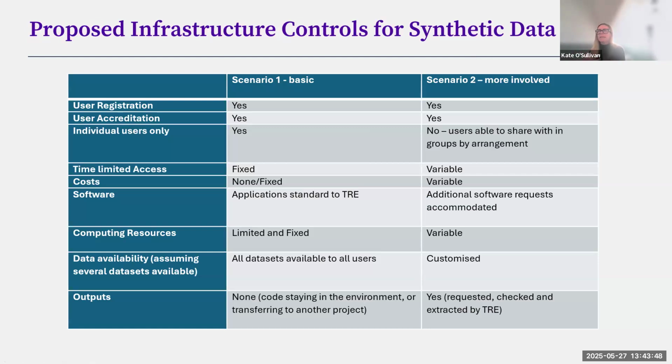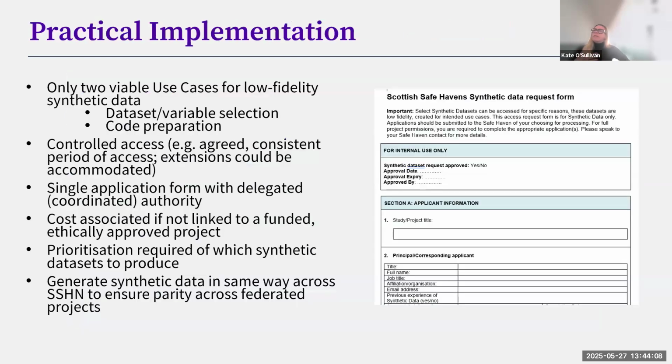Again, time limited access could be variable, costs could be variable depending on what researchers wanted. We could accommodate alternative software, alternative compute, but then any outputs from that more involved scenario would also need to undergo output checking. We then focused on the practical information from an information governance standpoint.